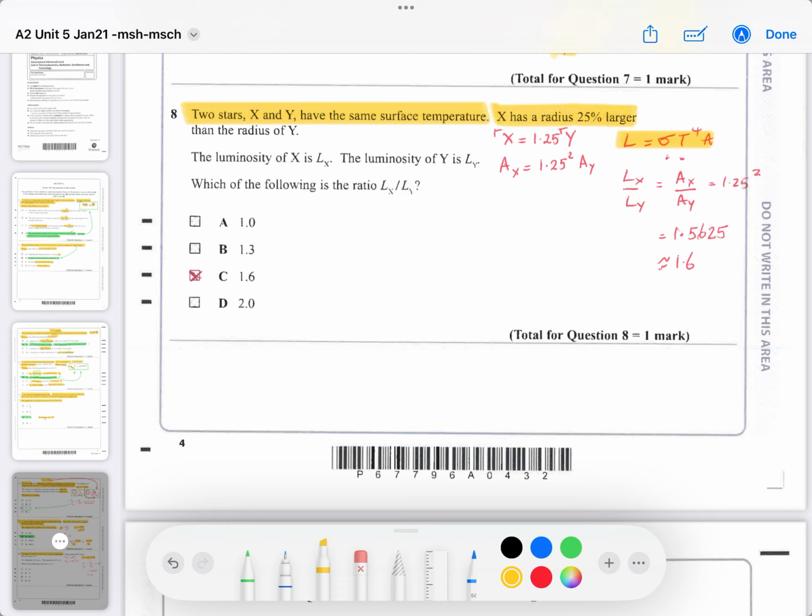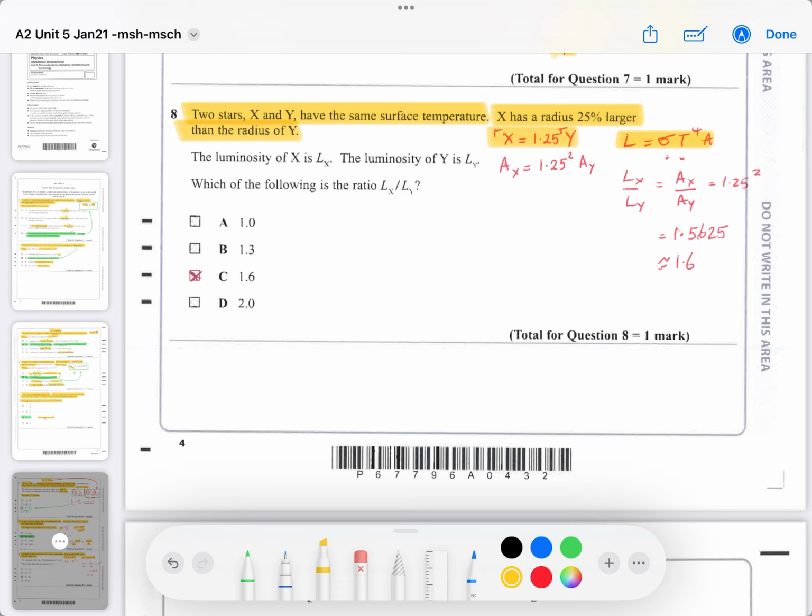The radius of X is 25% larger than that of Y. So I put the radius is 1.25 times R of Y.